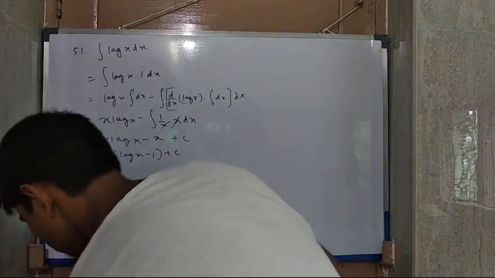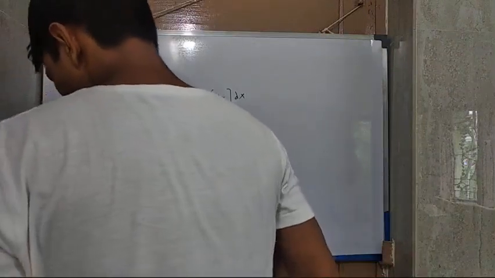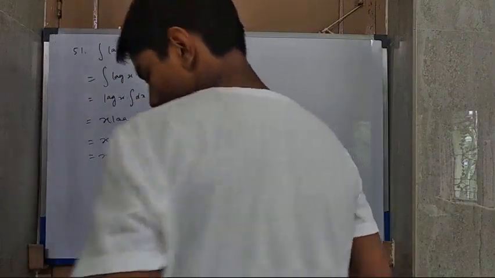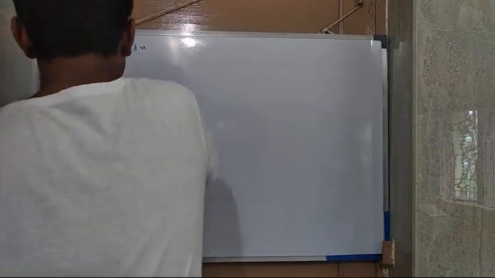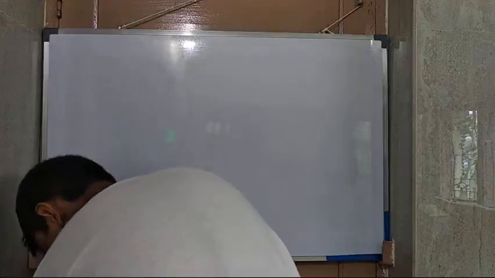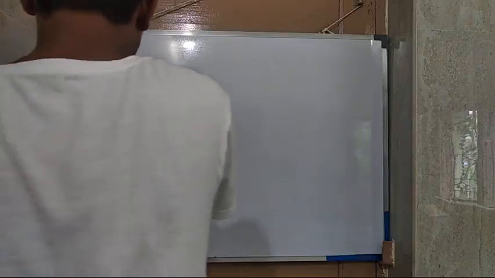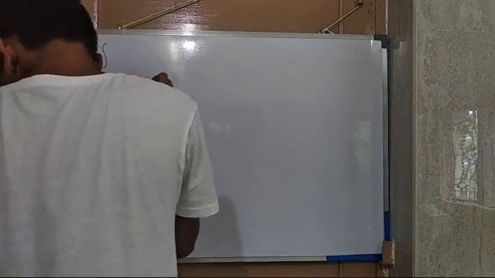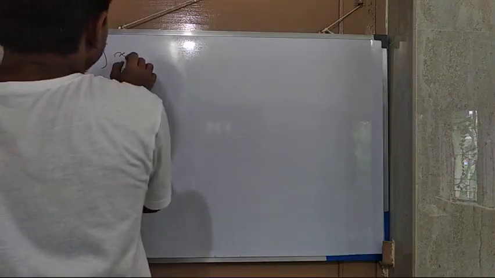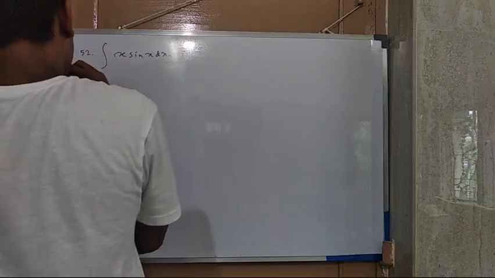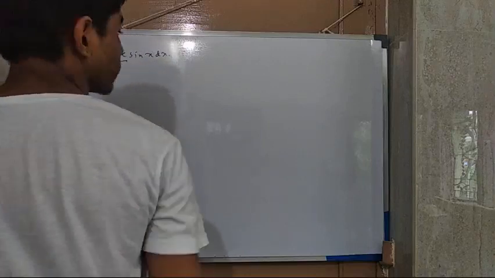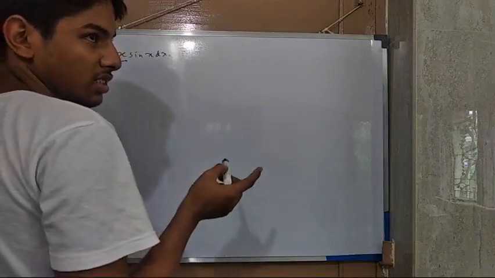Next is the 52nd question, which is the integral of x sin x dx. According to the ILATE rule, take x as the first function and sin x as the second function.